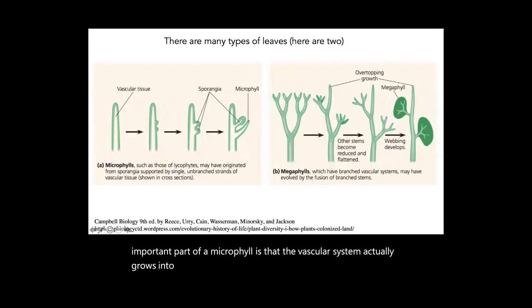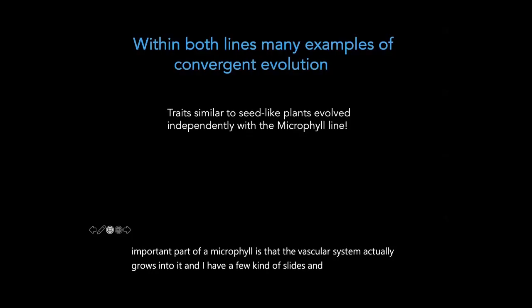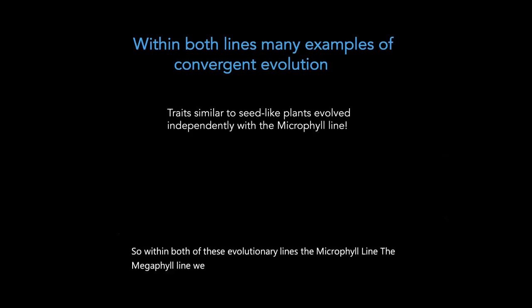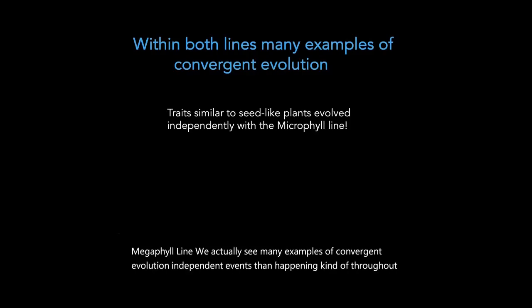And I have a few slides and diagrams highlighting this. So within both of these evolutionary lines, the microphyll line and the megaphyll line, we actually see many examples of convergent evolution, right? Independent events happening throughout the evolution of the land plants.